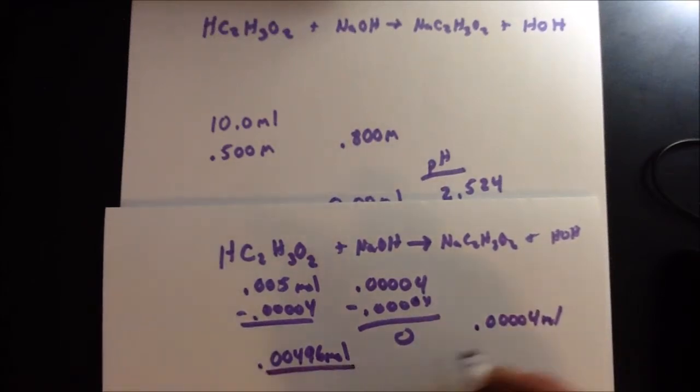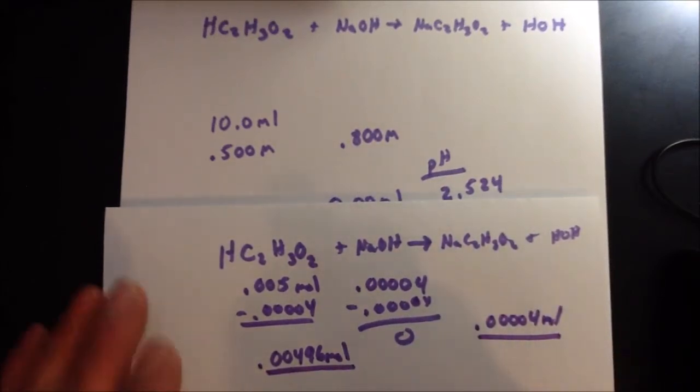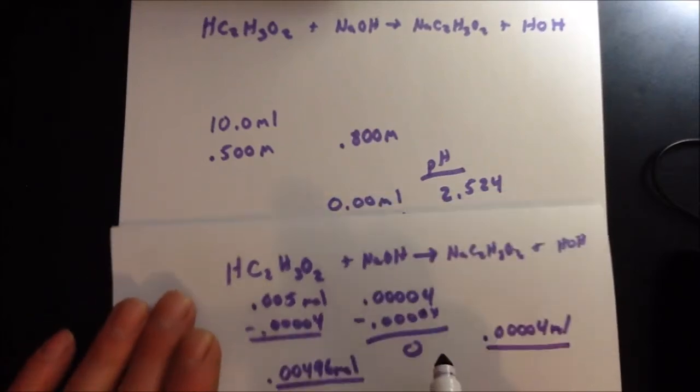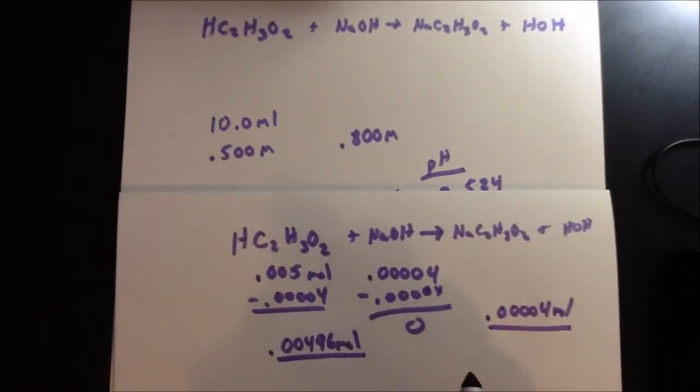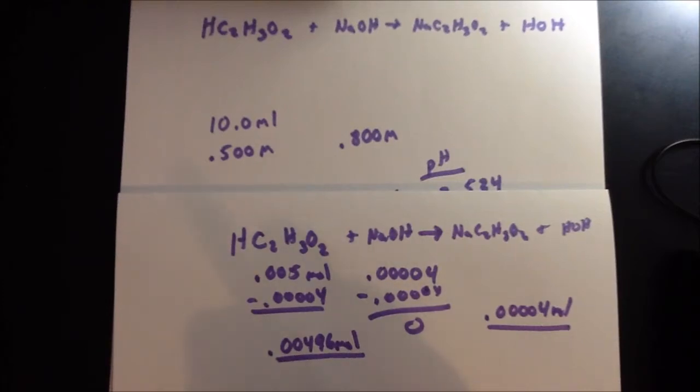So let's turn these into molarities. So we're going to divide both by the new volume, which is 10.05 milliliters. So 0.01005, so 0.00496 divided by that value is 0.4935.